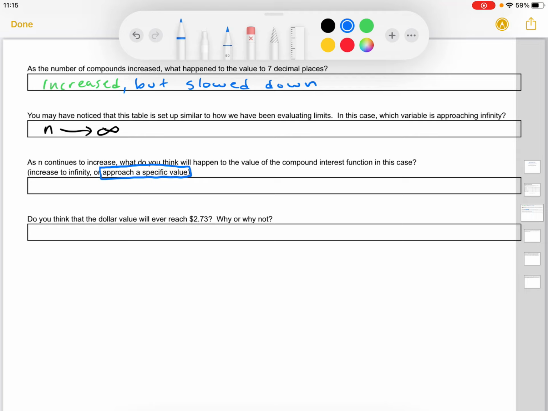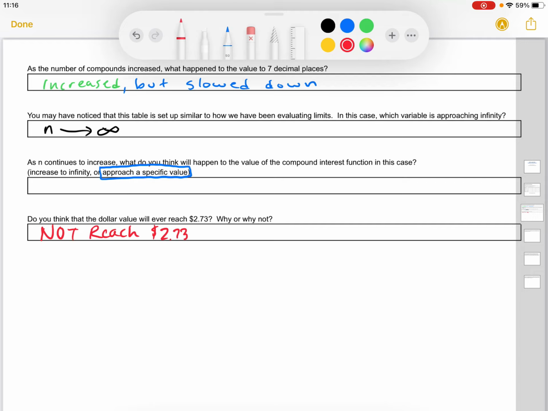You may have run a couple more scenarios, adding more compounding. But what actually ends up happening here is this does not reach 2.73. We don't quite get to 2.73 in this problem. The highest we get to is that 2.72 value.